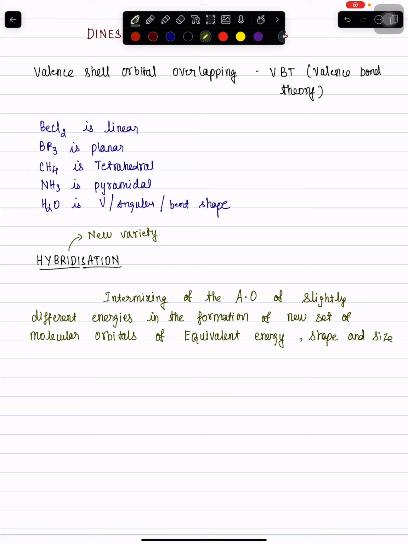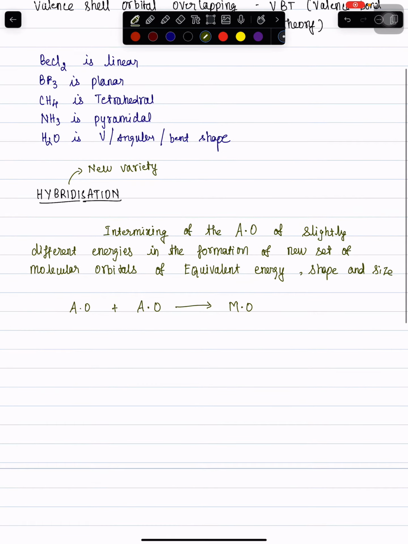In simple terms, atomic orbital plus atomic orbital will give molecular orbital. The energy of each atomic orbital should be slightly different, so that we can get molecular orbitals with equivalent energy, shape and size.